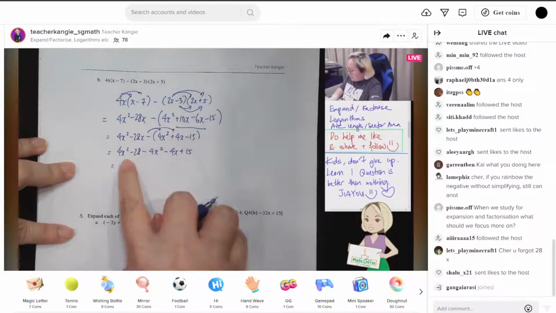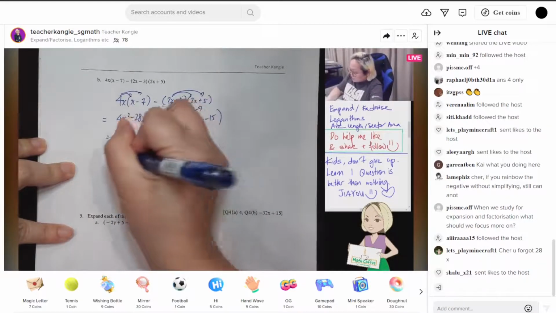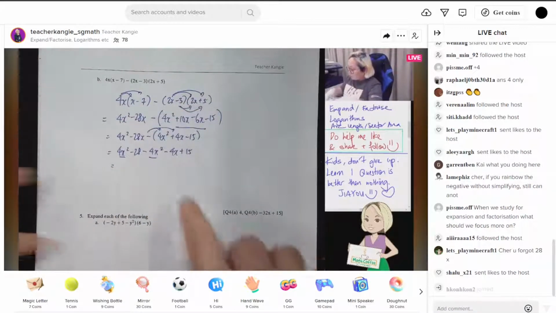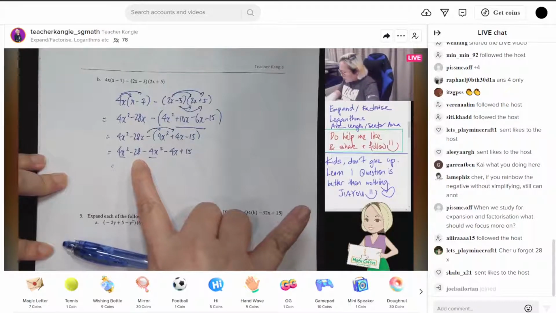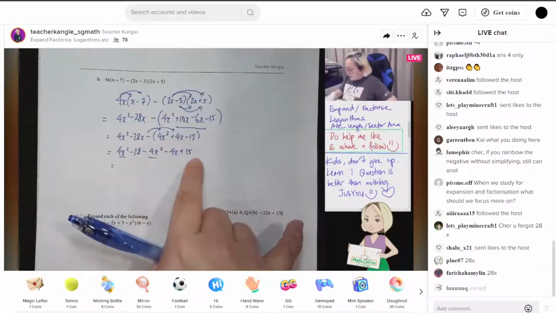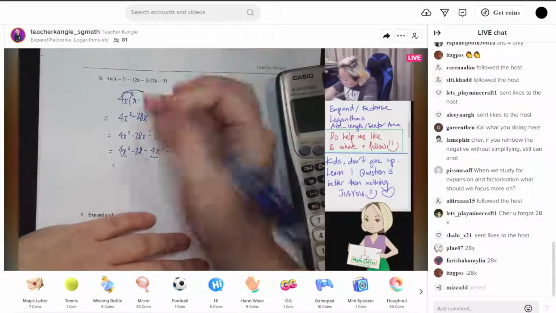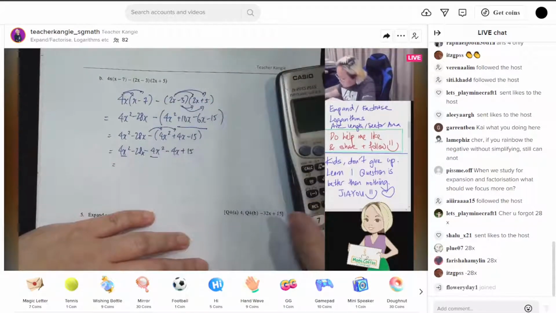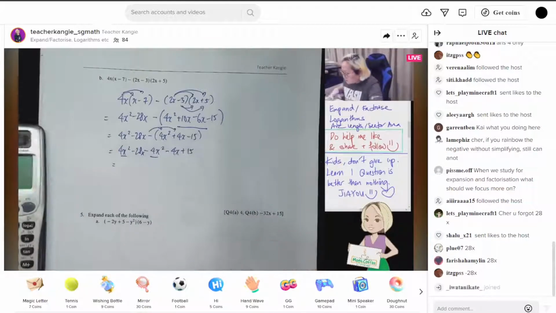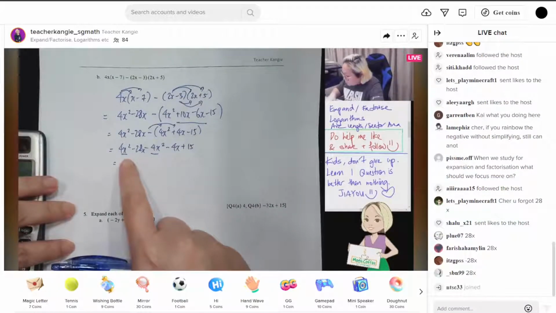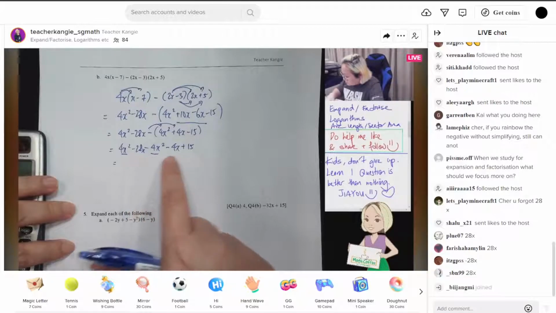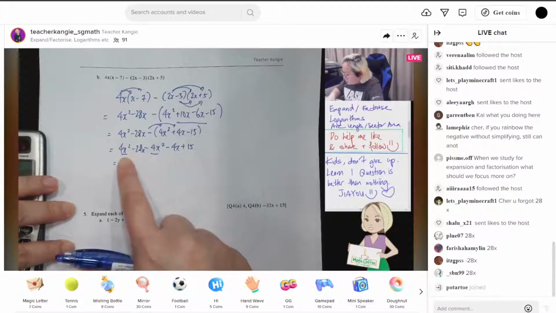So I'm going to simplify. 4x squared minus 4x squared, this is like terms, and it becomes 0. So I end up only having minus 28x plus 15. Okay, this one net off each other.